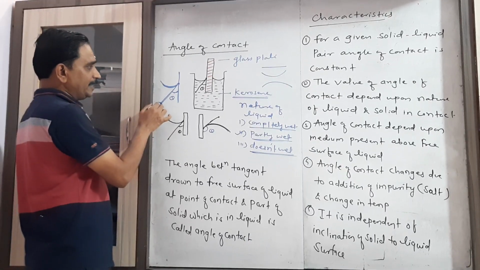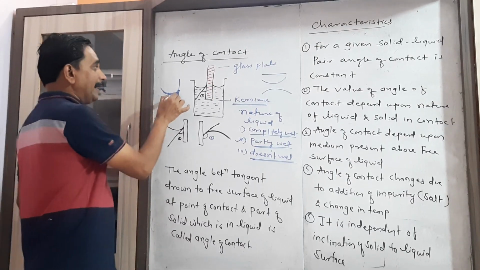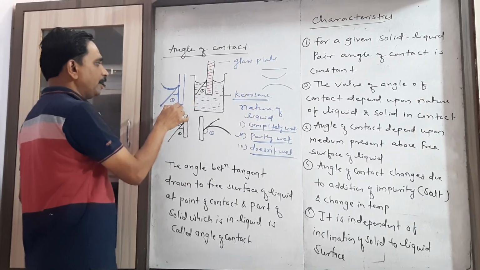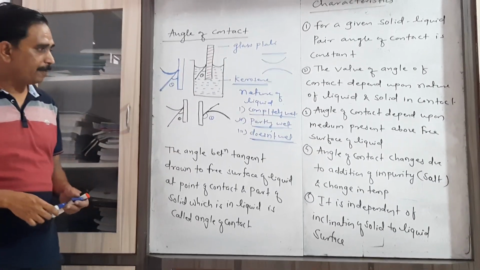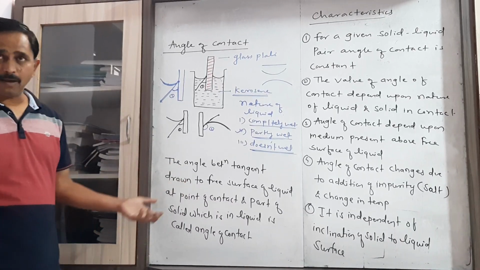The first one, the tangent drawn to the free surface at the point of contact, and the part of the solid which is present in the liquid. The angle between them is called the angle of contact. So you have to keep in mind the definition. What is the angle of contact?